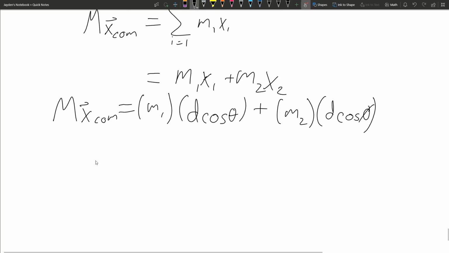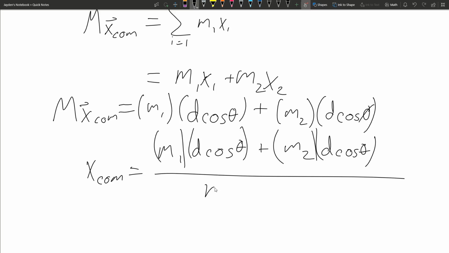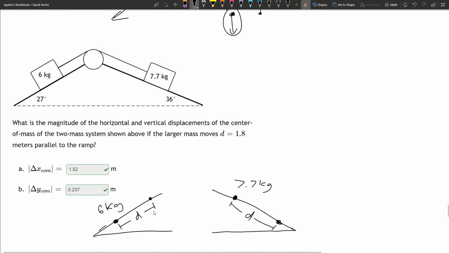So the x center of mass is equal to the division of those. I should have drawn the parentheses earlier. All over m1 plus m2. And that's the change in x center of mass, absolute value, which is what's given in this problem.